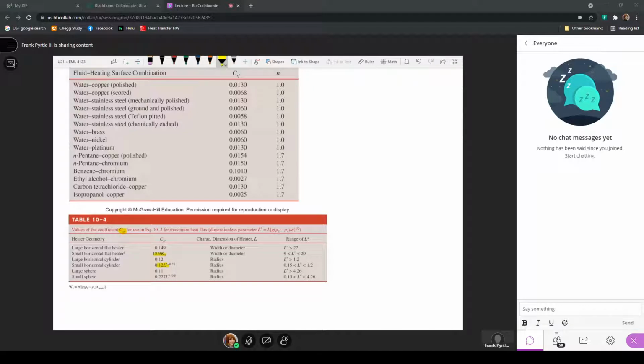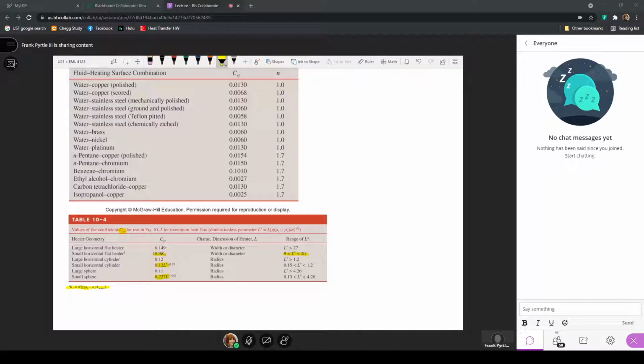they depend on other quantities that need to be here, where K1 is defined according to this expression. So we only need to find K1 if it's a small horizontal flat heater. And the definition of it being small is going to be based on the calculation of L star.